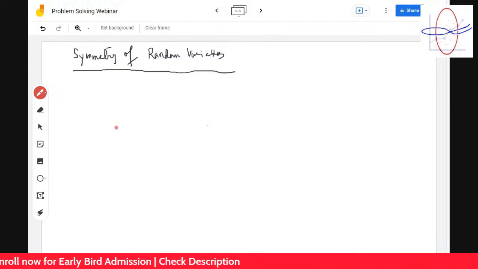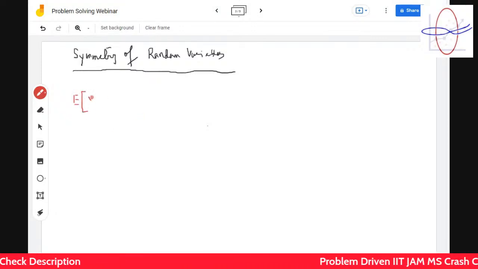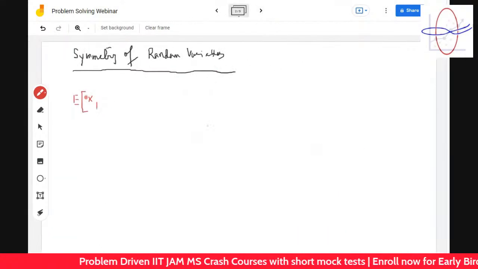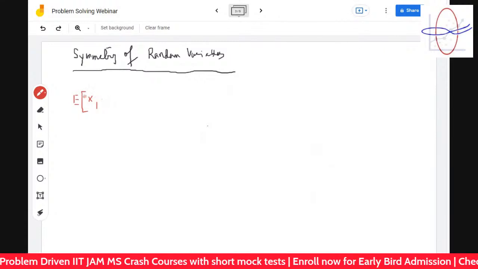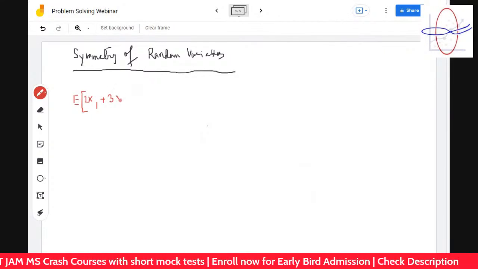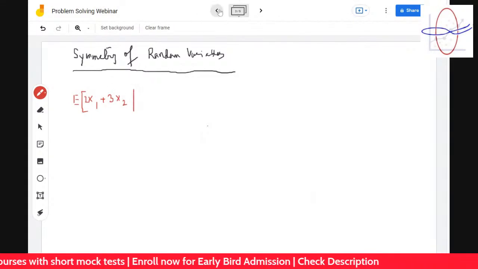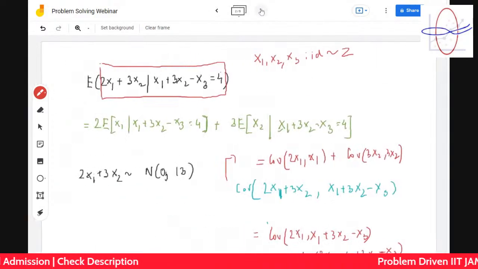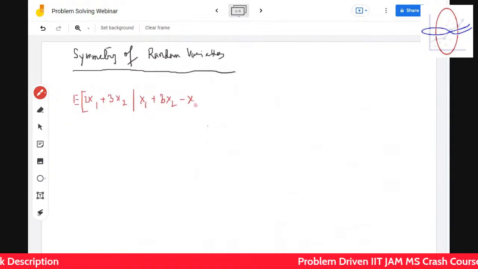So let's understand. We are asked to find the expectation of twice x1 plus thrice x2 given that x1 plus thrice x2 minus x3 is equal to 4.